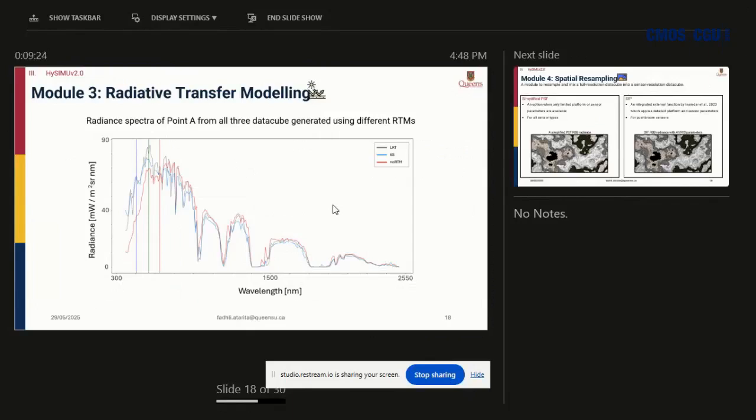Basically, there is no right option here. It all depends on your applications. Some RTMs have greater control over the atmospheric parameters, but can be quite difficult to set up or can take a longer time. So it basically depends on your applications and what you want to do.